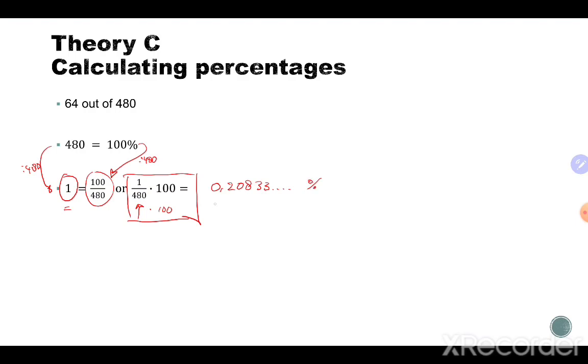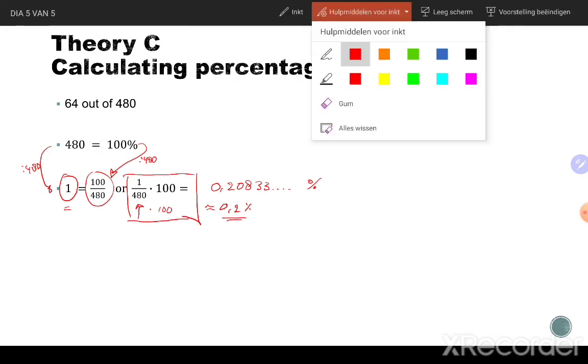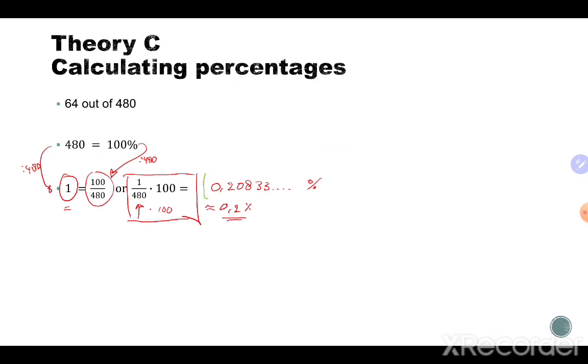Yeah, and most time we just rounded at one decimal place, so 0.2%. Yeah, this is the approximately symbol. In Dutch we just say ongeveer, yeah, approximately. So it's not a straight line, is equal to, because 0.2 was rounded, yeah.